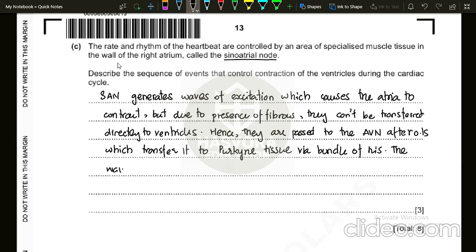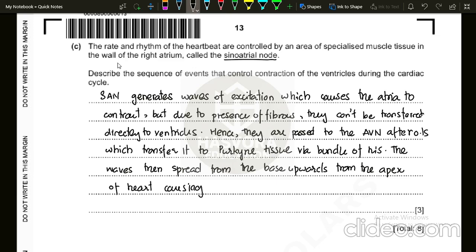The waves then spread upwards from the apex of the heart, causing the ventricles to contract. So this will be your answer for this question.